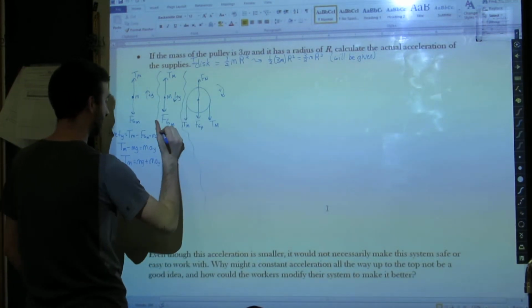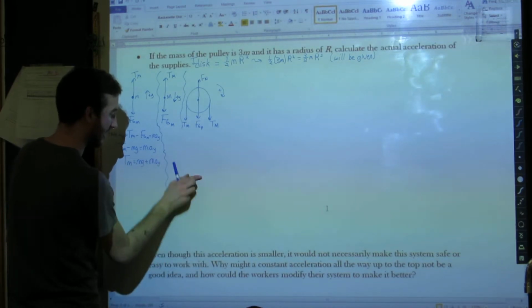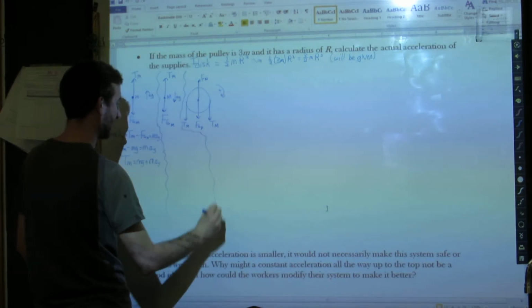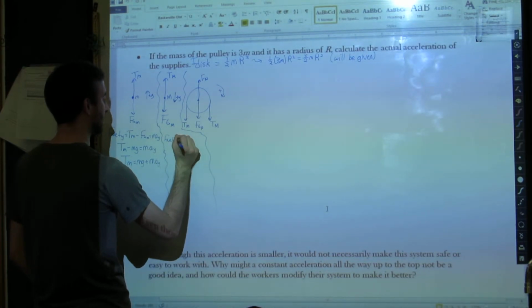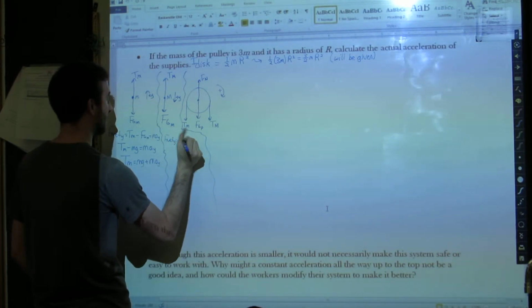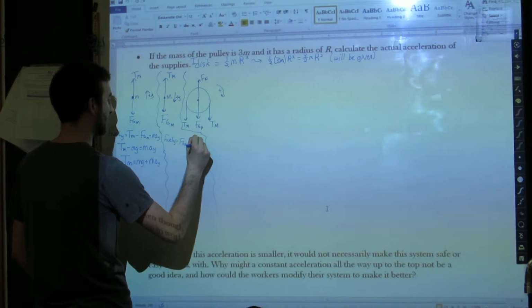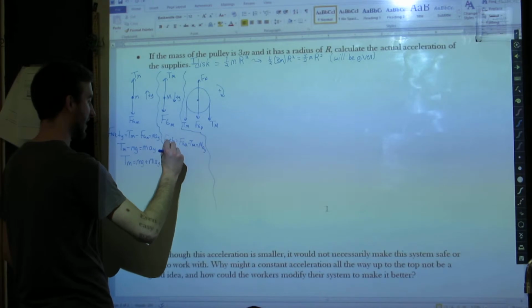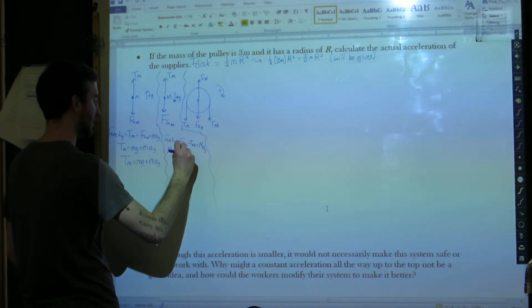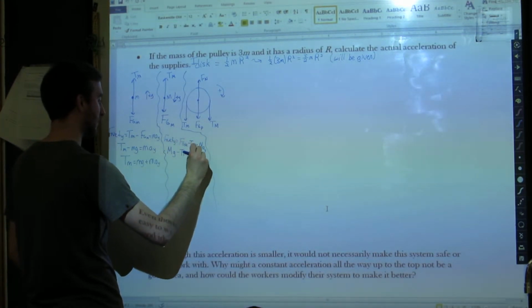Over here, oh geez, I really did not give myself a lot of room for this. F net y equals Fg big M minus T big M equals big M ay. That would be Mg minus T big M equals big M ay.